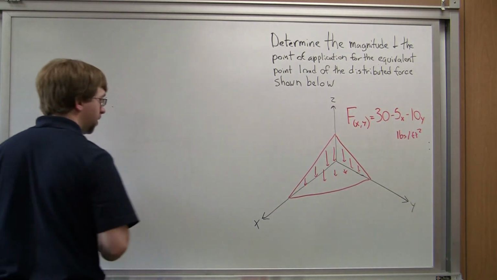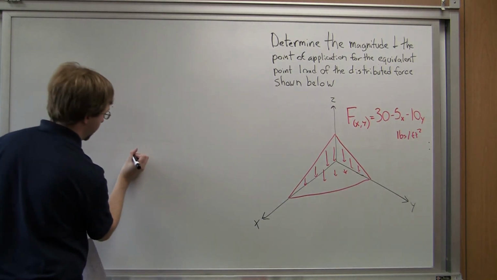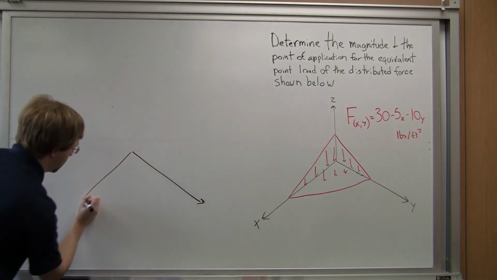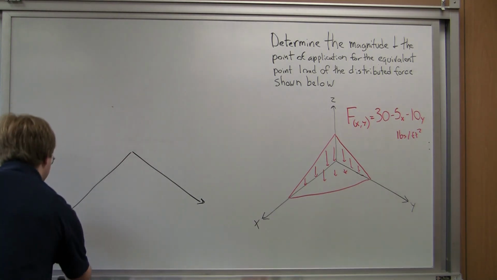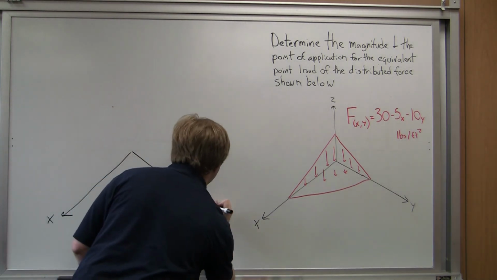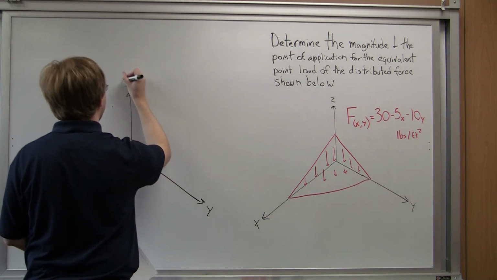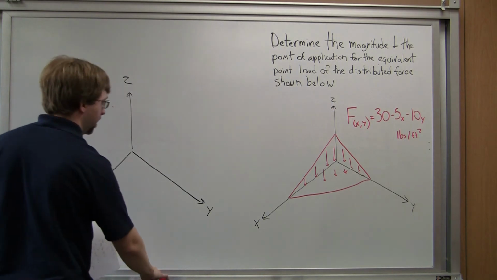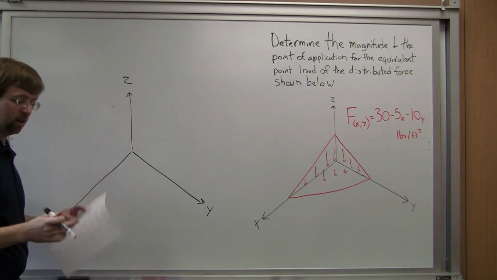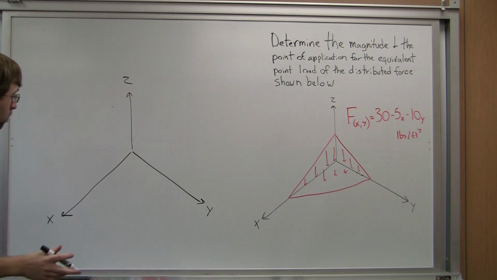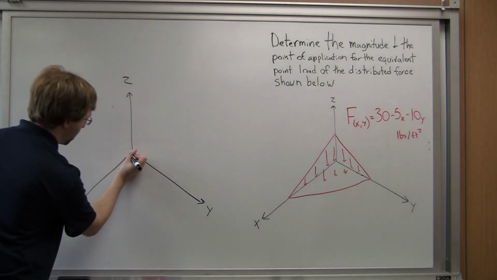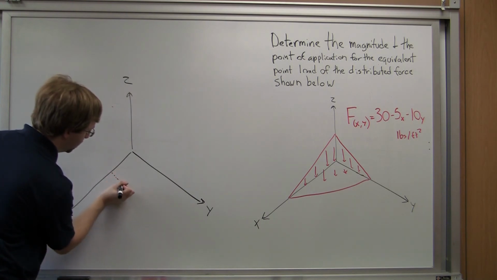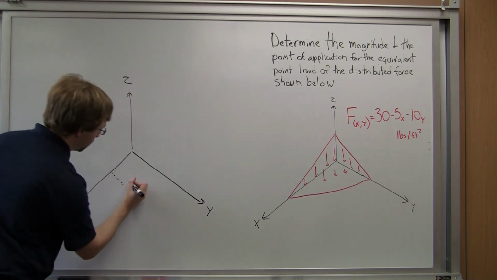Well, if I copy down my original axes, build a replica of that, I have x, I have y, I've got z. My force is going to be, remember, XEQ was equal to 1.5 feet. So if I go out 1.5 feet along the x-axis, and along the y-axis, 0.75 feet.